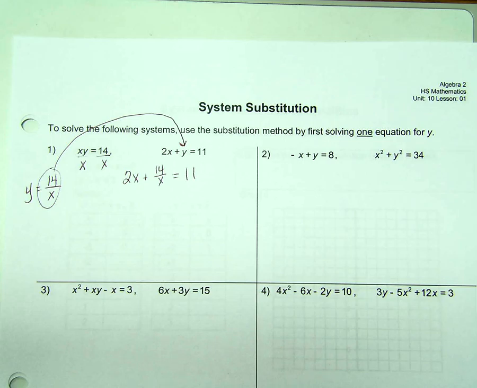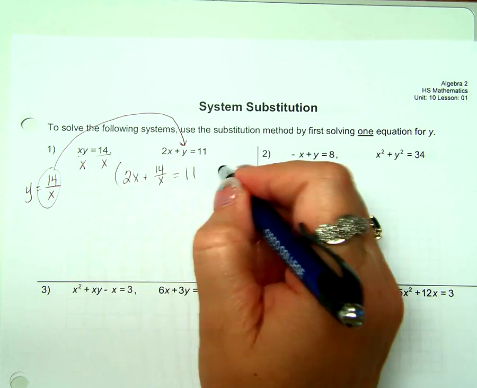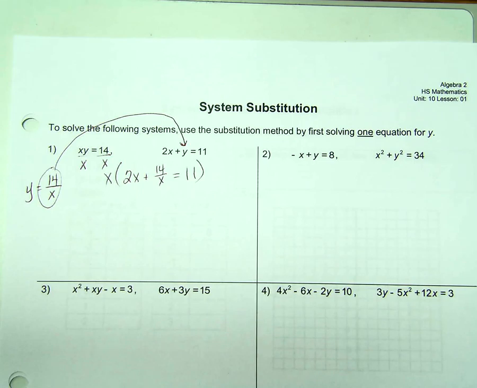Yeah, so some of you are saying, because I can tell it in your face, we have an x in the denominator. That's not allowed. That's exactly right. We get rid of the denominator of x by multiplying every term by x. Not just that term, but every single term in the problem we multiply by x.